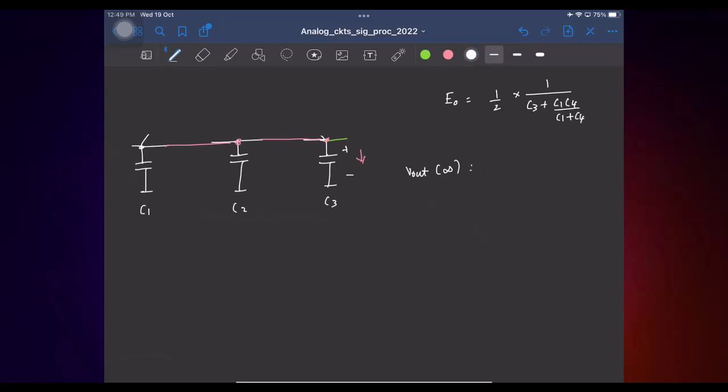Initially you injected 1 coulomb of charge, so that is still stored in this network. We haven't lost it, so it is V out of infinity times C1 plus C2 plus C3. So this gives this. So what is E infinity? Basically 1 by 2 of this, right?